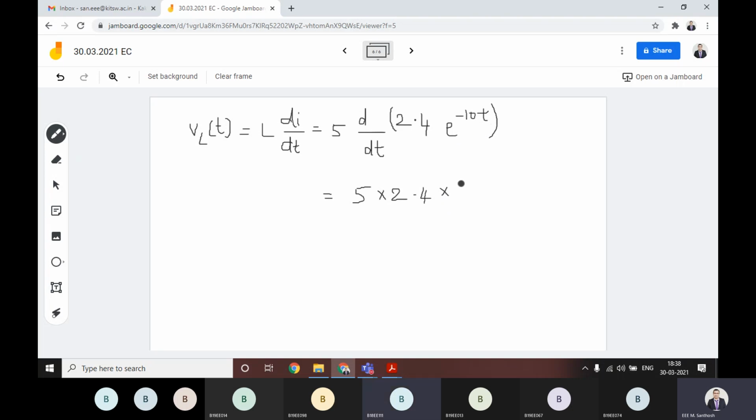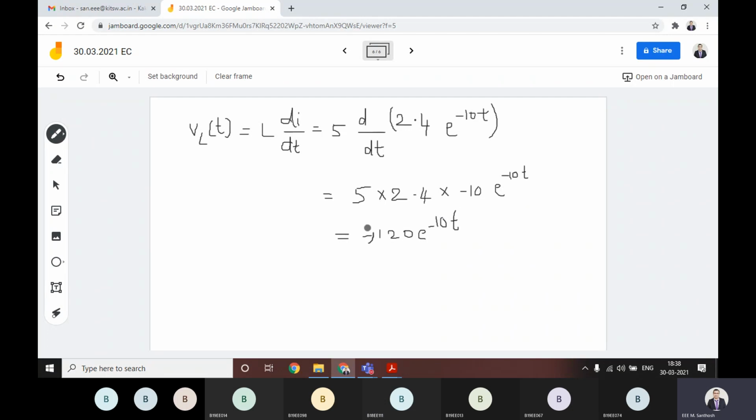Minus 10 e power minus 10t. Very good. Simply, no need to confuse here. This is very simple. You multiply this directly, you will get minus 120 e power minus 10t.